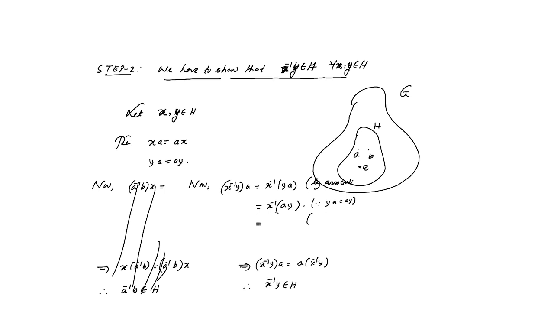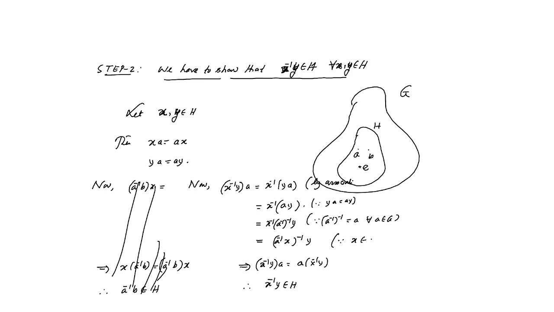And that we can write as X inverse A, which is X inverse A inverse whole inverse Y, since A inverse inverse is A for all A belonging to G. That we know. From that we can write A inverse X whole inverse Y.